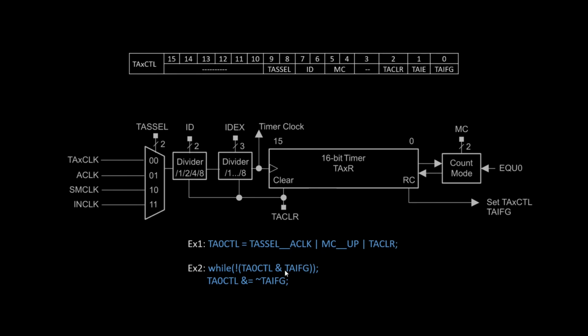This while will block the execution until the condition here is false. So I invert the condition so that whenever this flag is 0, this condition will be true, and the execution block here, this while, will stay forever in this line until the flag goes to 1. So this is an interesting system to block the execution until the flag turns to 1.